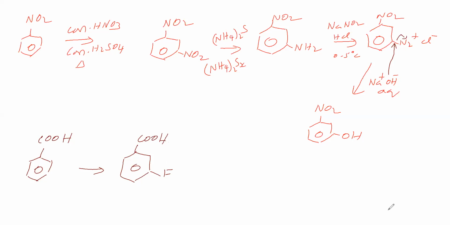First, this benzoic acid we will take for nitration. The nitrating agent is conc. nitric acid and conc. sulfuric acid. It gives the electrophile, the nitronium ion NO2 plus.